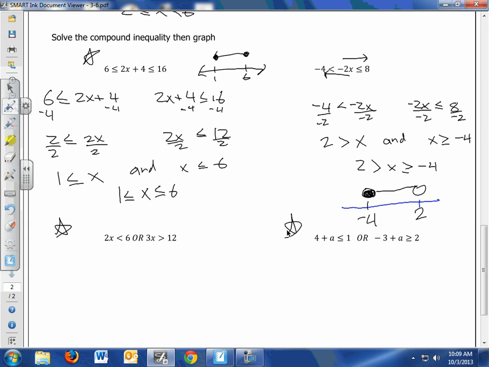Since this is an or statement, we probably should have lines going away from each other. So make sure you're graphing these correctly. Check your answers with a neighbor.